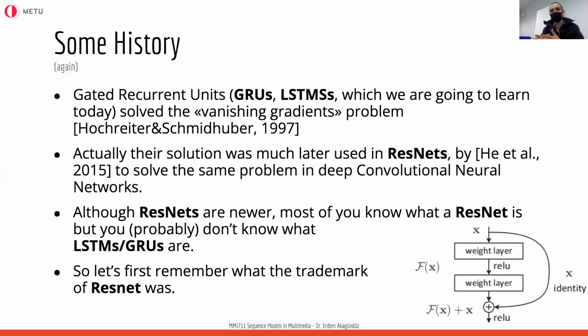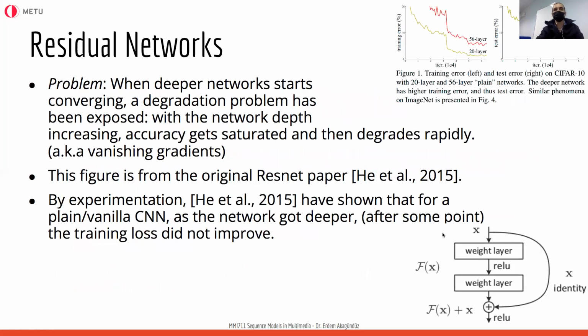So the chronological order in which you learn ResNet and LSTM is actually wrong. First LSTM was found and residual networks were inspired from it. However, since you first learn CNNs and residual networks, then sequence models, the order you learn it is the opposite. Whatever.